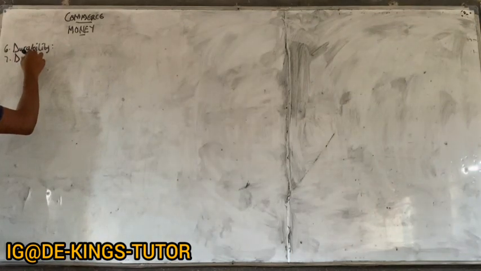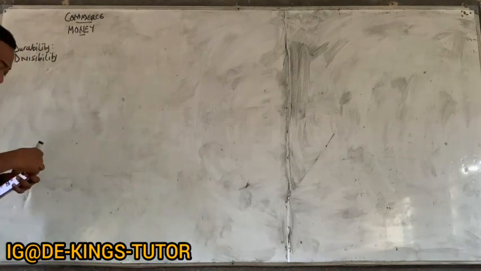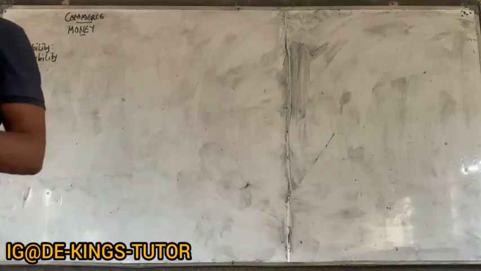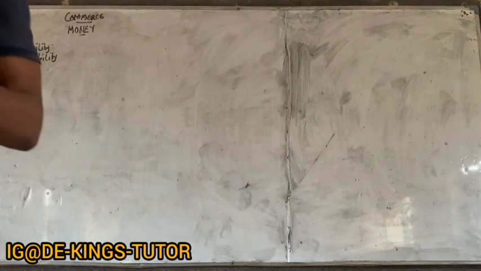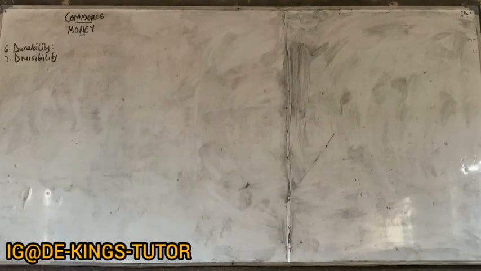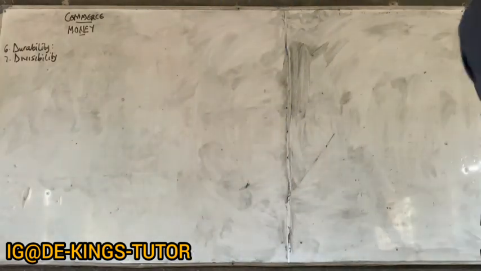Now the next one, divisibility. Money should be divided into smaller denominations that can facilitate exchange of goods and services.